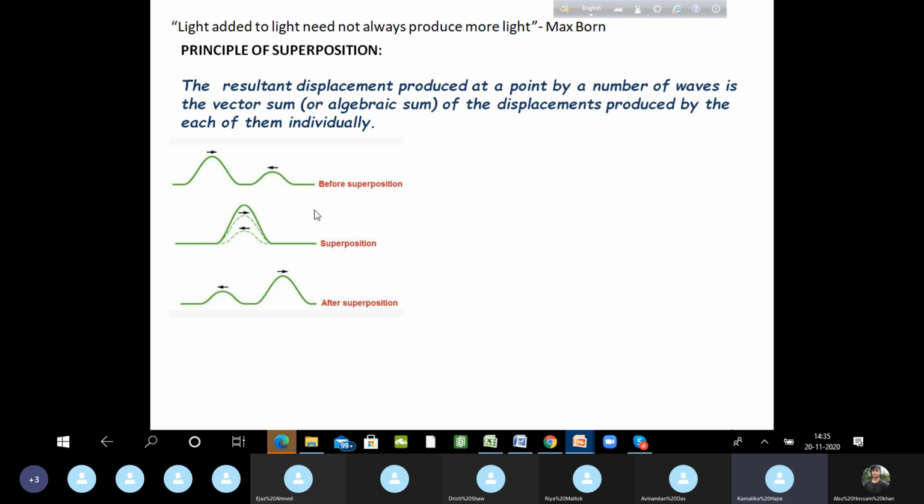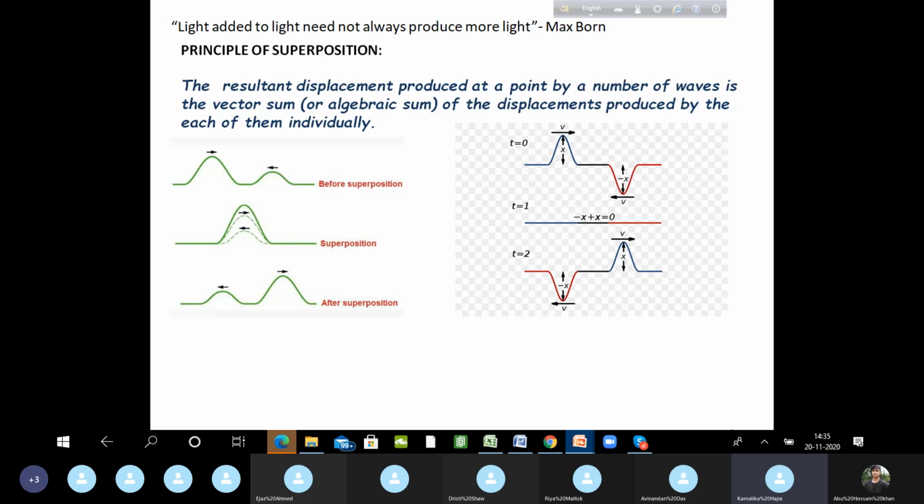When they superpose on each other at one point, their amplitudes add up, and at the point of superposition we have an amplitude which is larger than each one of them. Algebraic sum, and after superposition they just move in their own directions without being affected by one another.